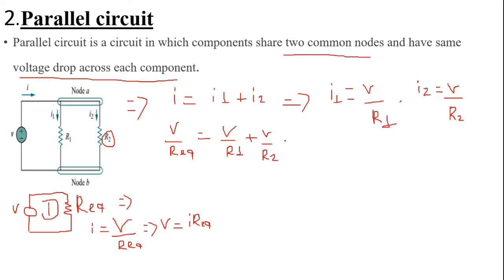We can use the applied voltage V as a common factor, so we have V times 1 over R1 plus 1 over R2.